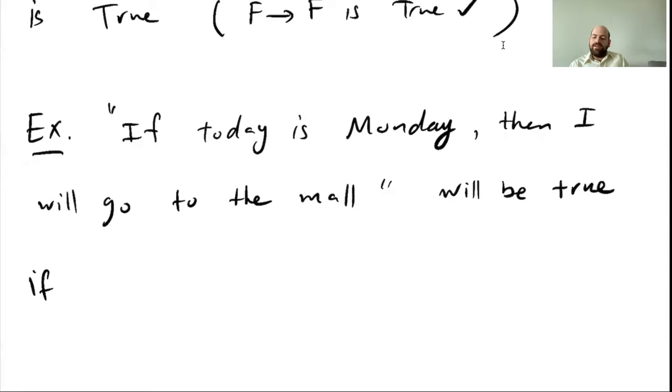If today is not Monday, I can still say that this statement is true because the assumption does not hold, so the whole statement can still be considered true. So this will be true if today is not Monday, or if today is Monday and I go to the mall.